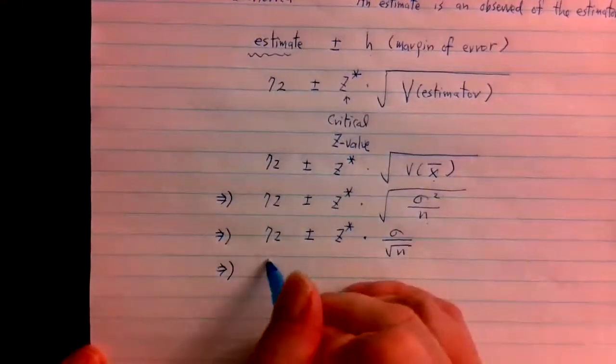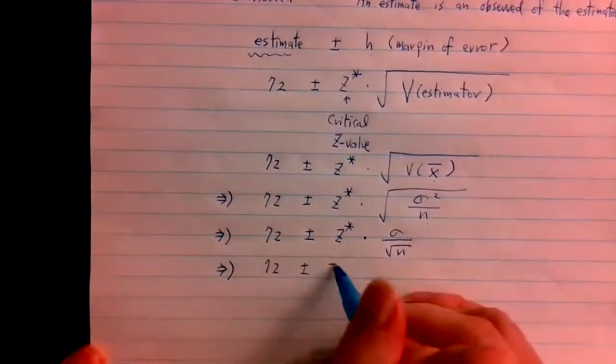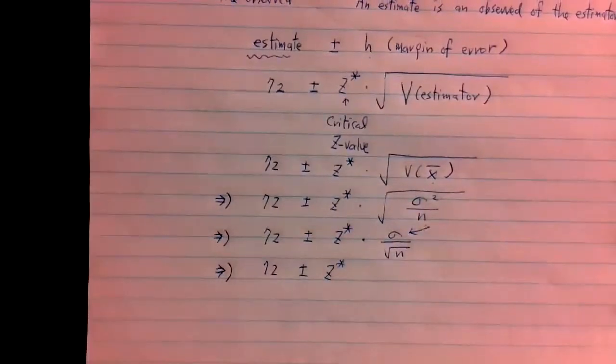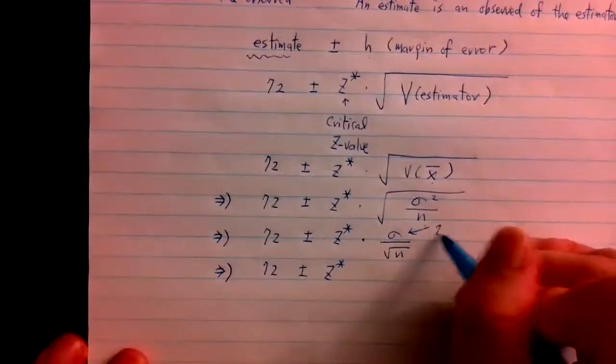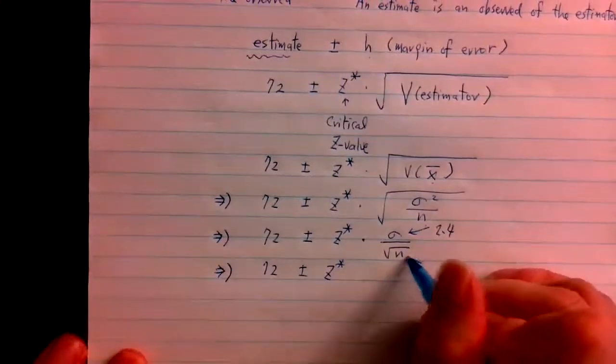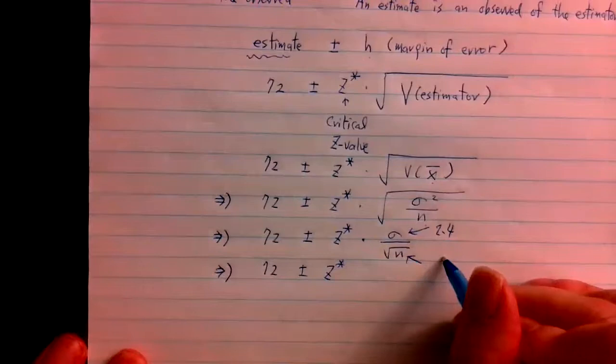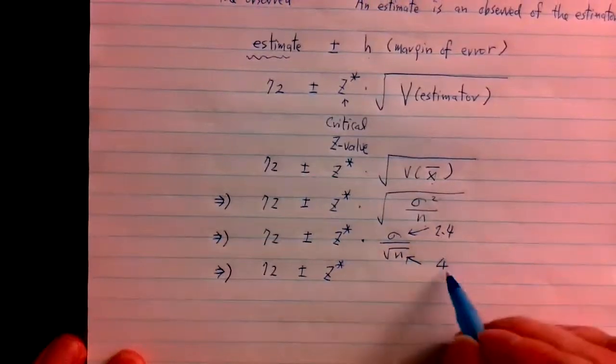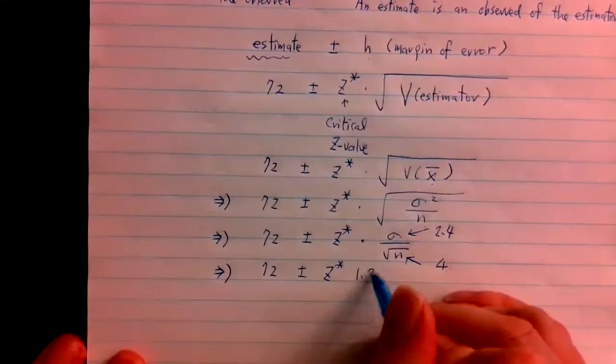But sigma is given, it's 2.4 days. Sample size is also known, it's 4. Square root of 4 is 2. 2.4 divided by 2 is 1.2, okay?